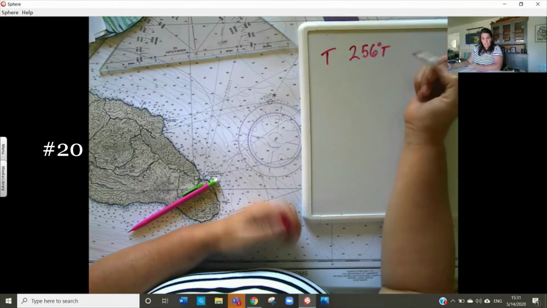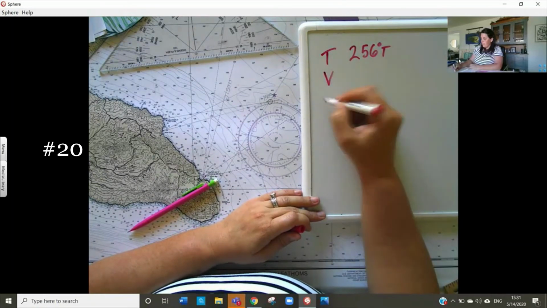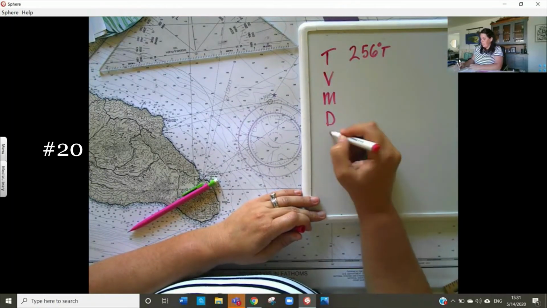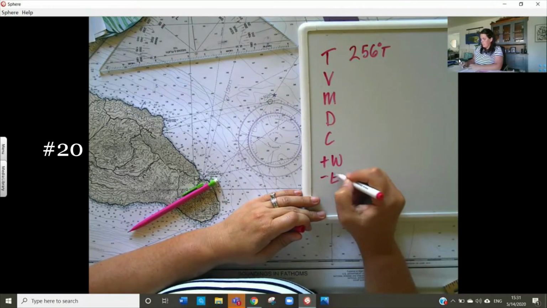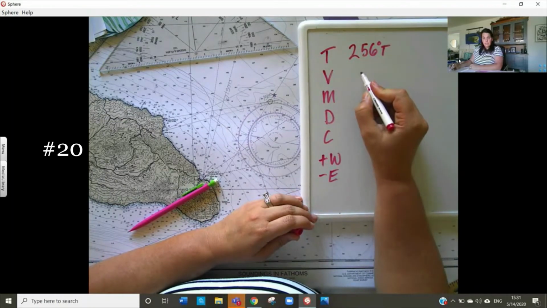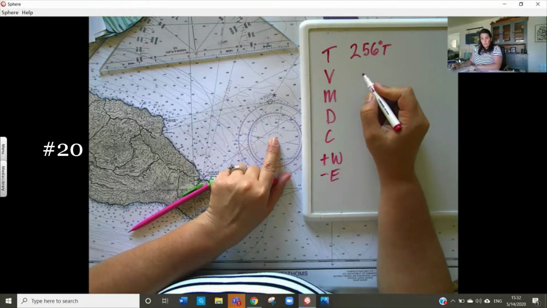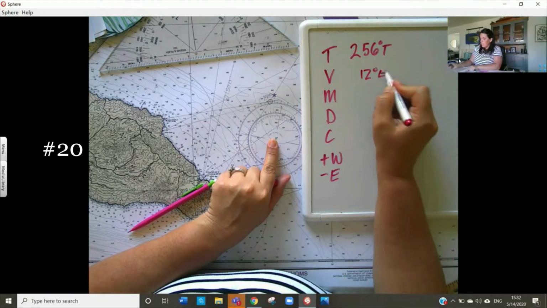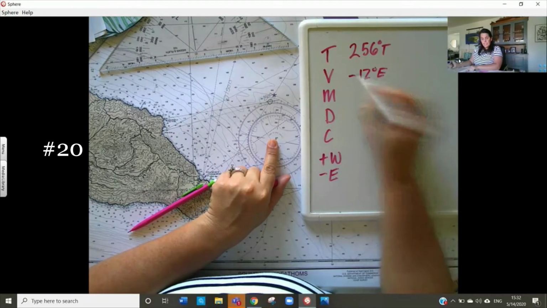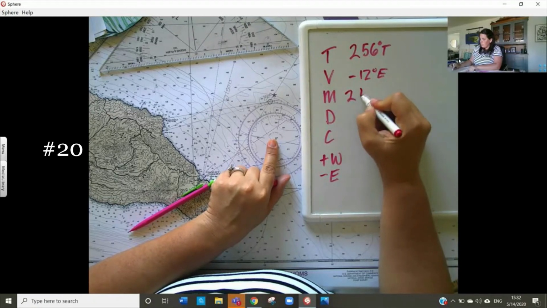So what was my compass course to steer? So I have TVMDC, add west, minus east, and I could plug in my numbers. Variation we get from the compass rose, that's 12 east. It's east, so we're going to be subtracting it. So we subtract and get 244.